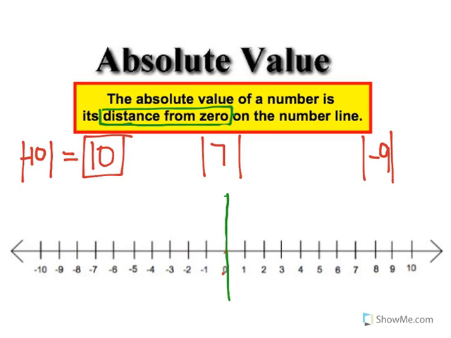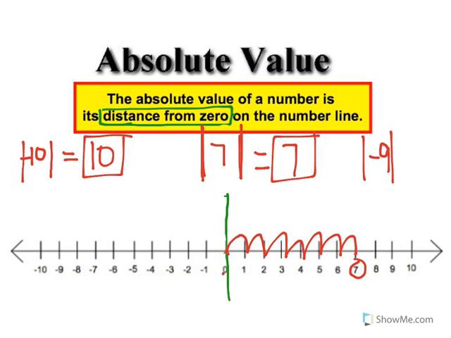What is the absolute value? Again, that's what these little marks represent. What's the absolute value of 7? Well, here's 7. I want to know how far 7 is from 0. 1, 2, 3, 4, 5, 6, 7. My answer is positive 7. Distance is not negative. So with absolute value, your answer will always be positive.